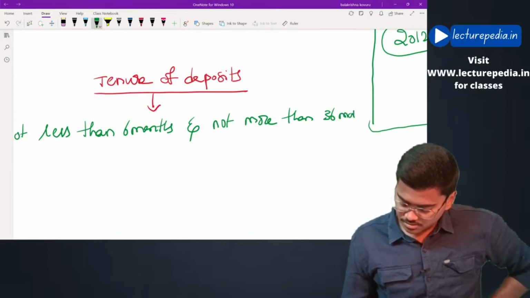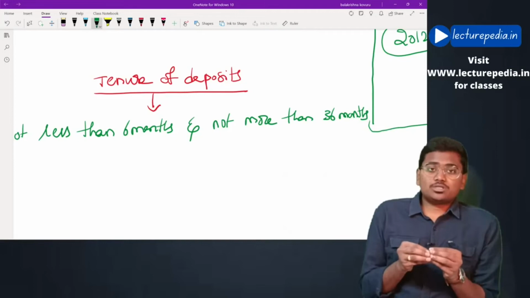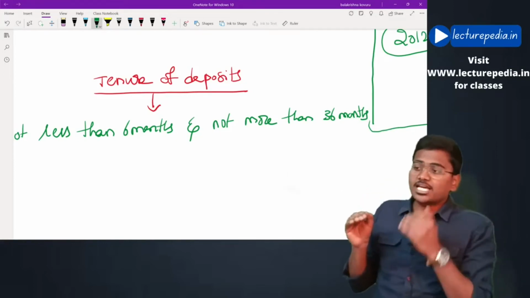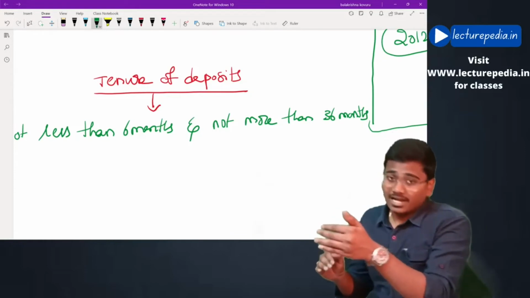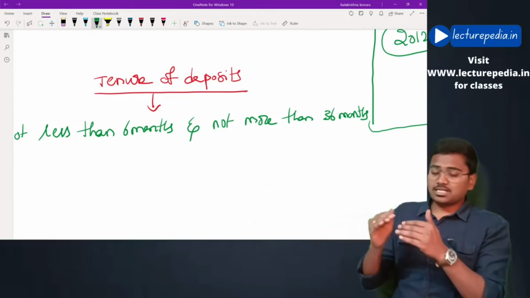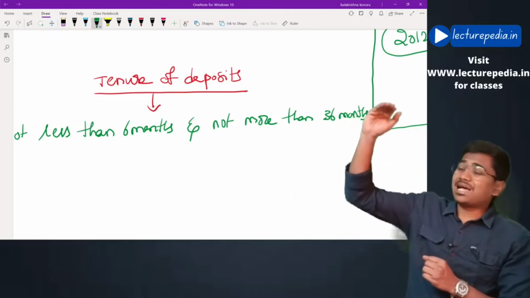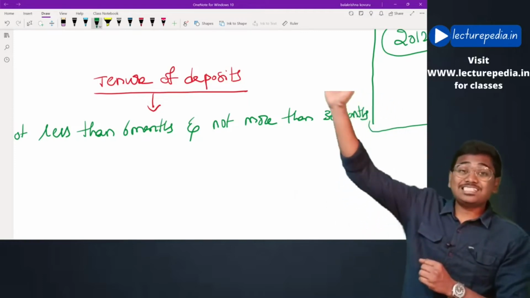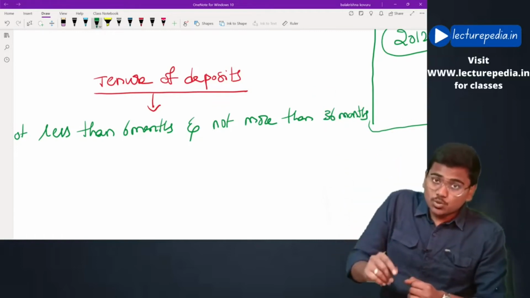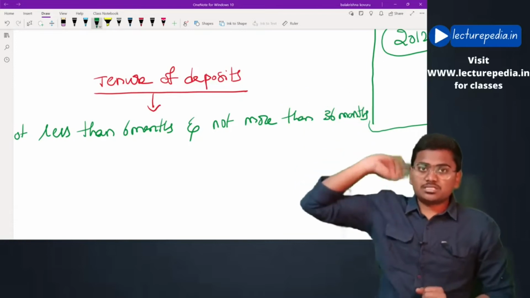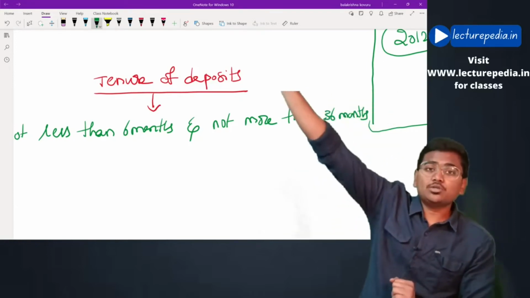See, the minimum tenure of deposits should be 6 months. A company cannot issue deposits whose tenure is less than 6 months. That is the downside tenure. Upside tenure, the maximum tenure should be 36 months. A company cannot issue deposits with a tenure of more than 36 months. Hope this is clear. Minimum tenure is 6 months, maximum tenure is 36 months.